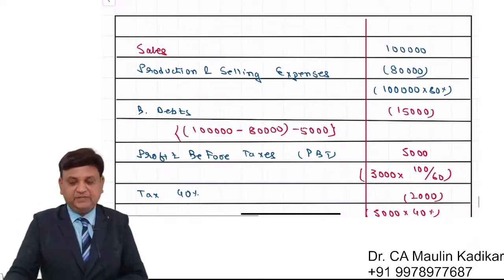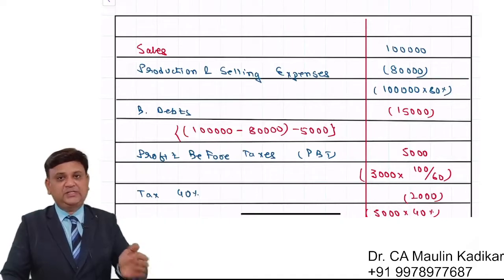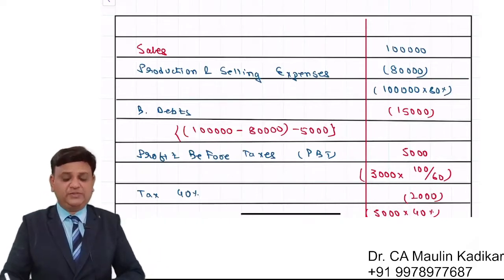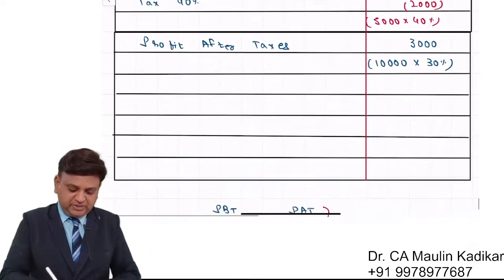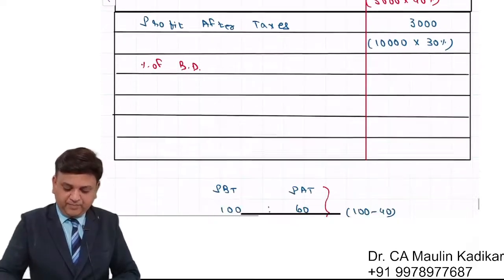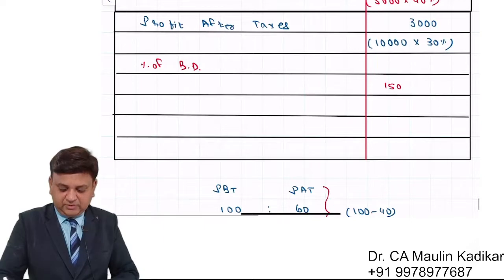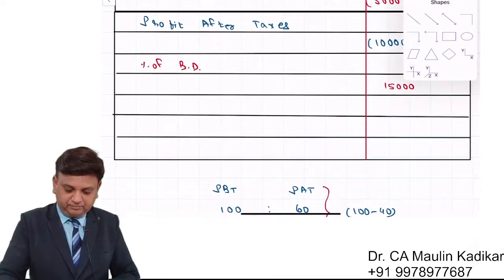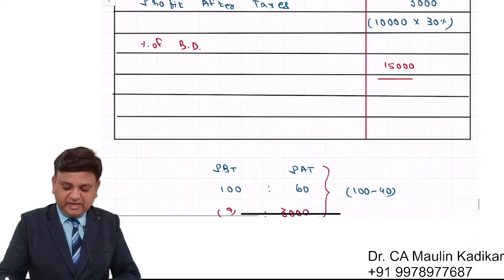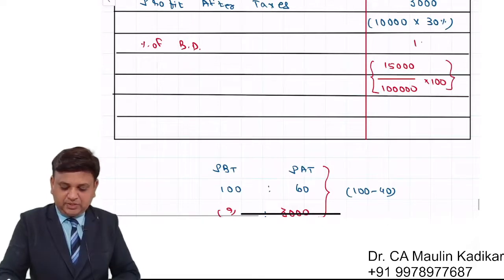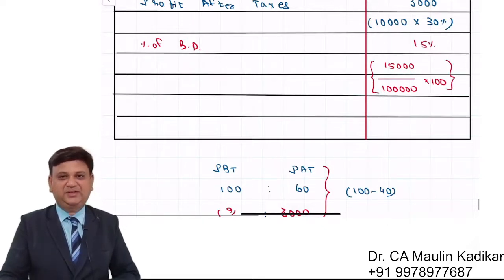So we understand that for every 1 lakh rupees of sales, the amount of bad debts that you can afford is 15,000. So the percentage of bad debts that you can afford is 15,000 divided by 1 lakh into 100. So it comes to 15%.